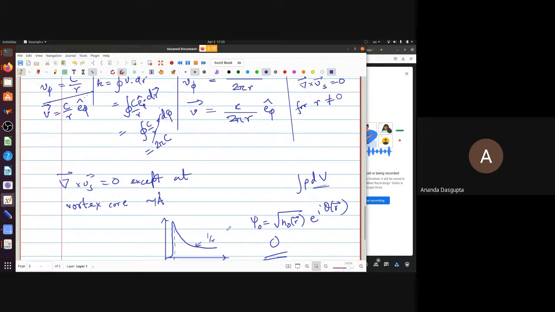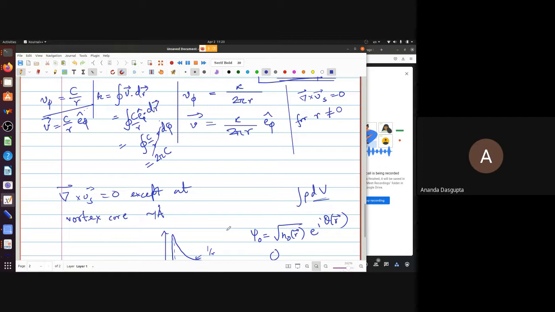Now, typically, and this is something which we cannot really talk about right now because we have not talked about the energetics of the problem. We have not said how much energy is required to produce these vortices. But let me just tell you that it takes energy to produce vortices. And remember, this kappa, as we said, was quantized in units of h by m.